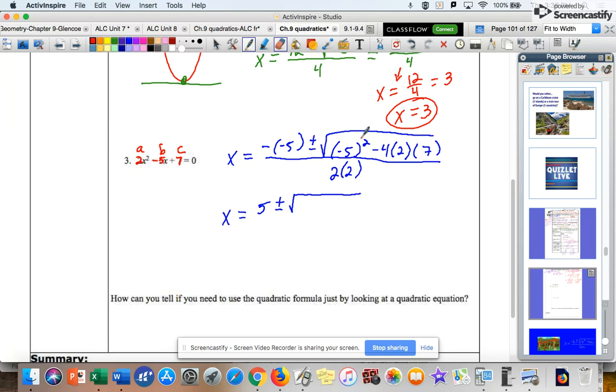All right, so we're going to type this all into our calculator here. Negative 5 squared minus 4 times 2 times 7. And by the way, when you're putting the negative 5 squared into the calculator, please make sure parentheses are around it. If you just type in negative 5 squared, your calculator is going to tell you that it's negative 25, which is not what you mean.